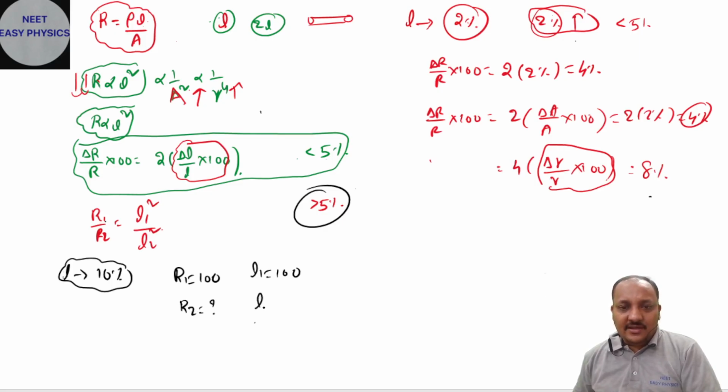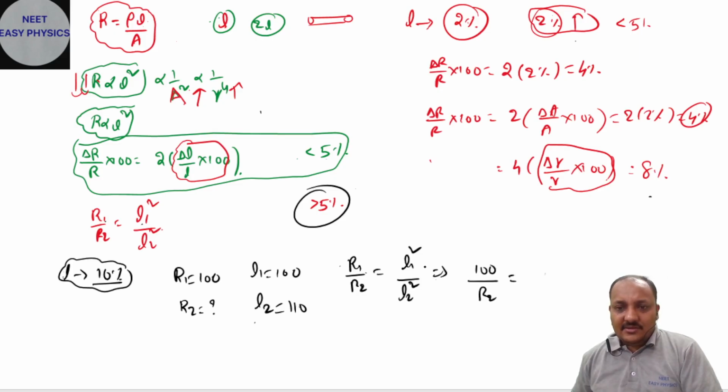We should calculate L2. The initial length 100 we have taken, with a 10% increase, therefore L2 is 110. So if you apply the formula, R1 by R2 is equal to L1 square by L2 square. R1 is 100, so 100 by R2 is equal to 100 square by 110 square.